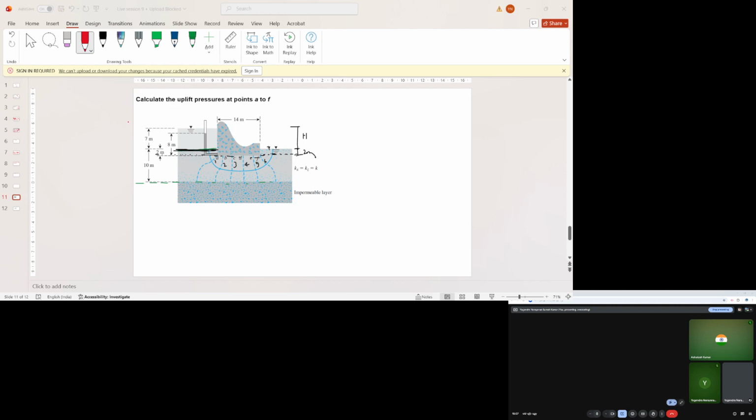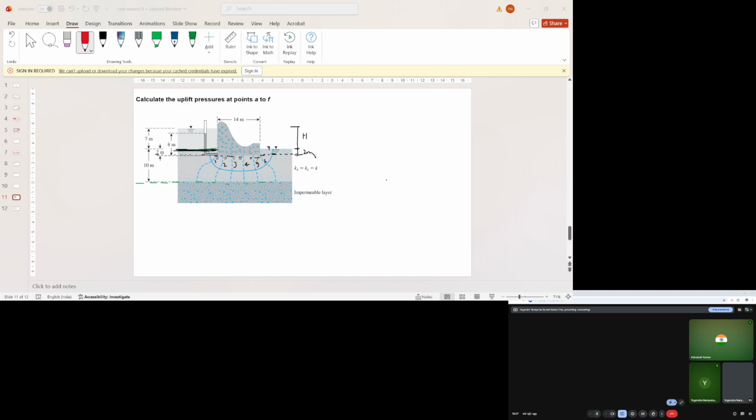Now, how many drops are there from the upstream to downstream end? Normal pressure drops. What is ND?